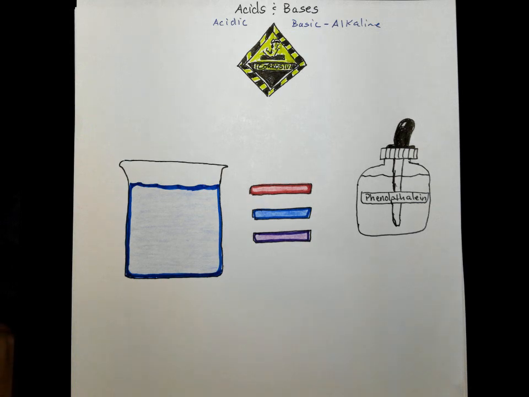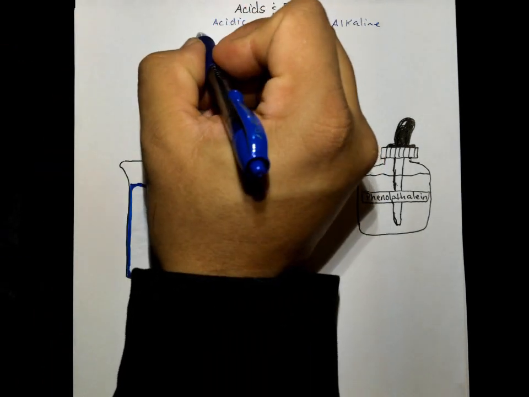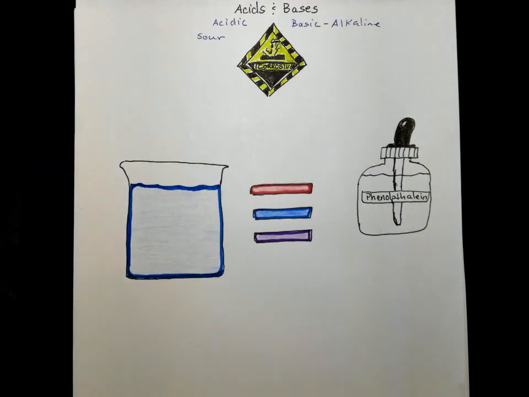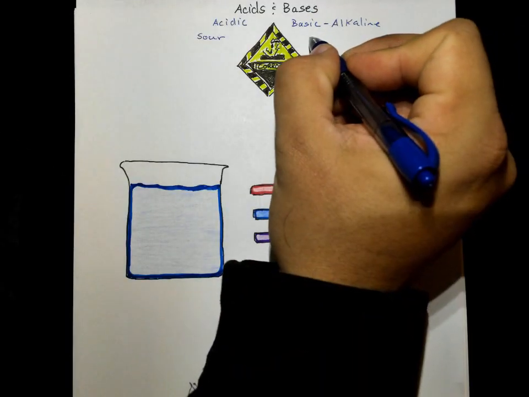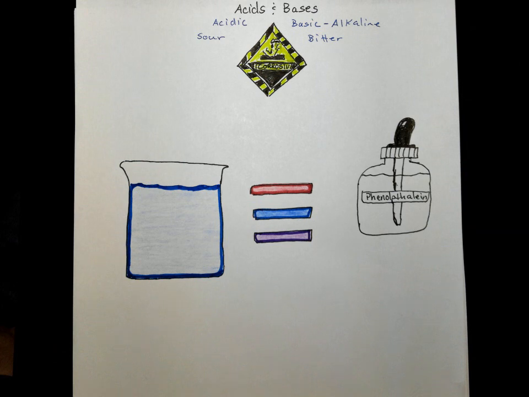So real quick, let's go over some characteristics of acids versus bases. Now acids, if you were to taste acids, acids taste sour. And if you were to taste a base, bases taste bitter. For the most part, guys, our food, our body, all that stuff has acids in it. RNA, ribonucleic acid, DNA, deoxyribonucleic acid.